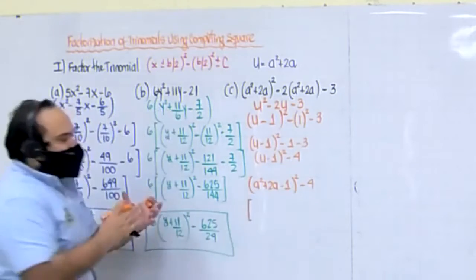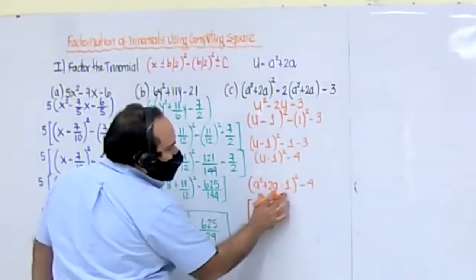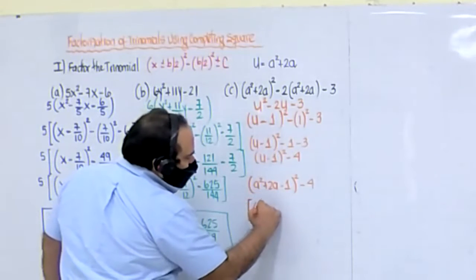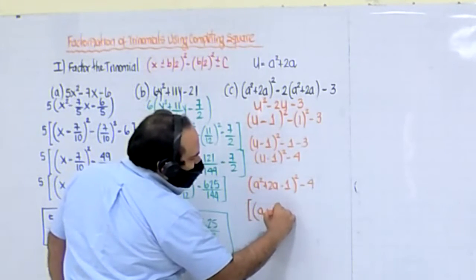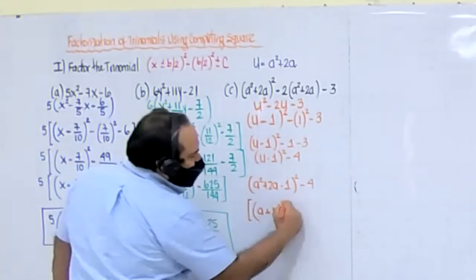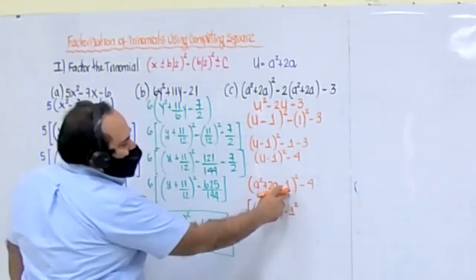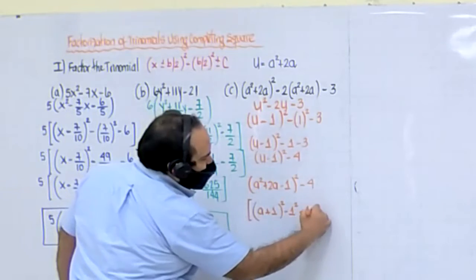I'm going to use the bracket that will protect this expression. Applying completing the square once again, we have a plus 1 squared, subtracting this answer squared and copying the independent term.